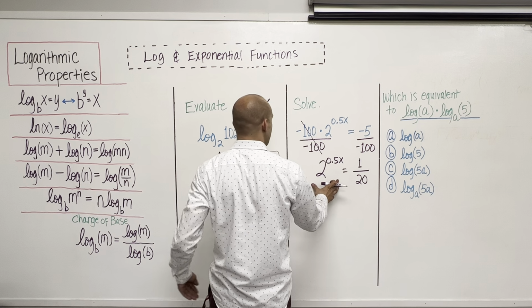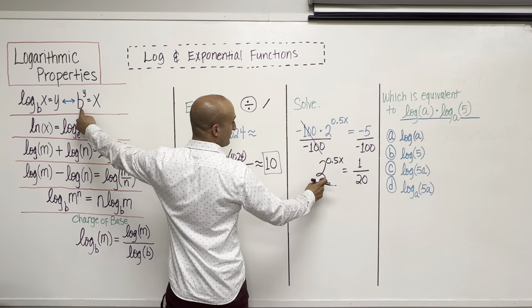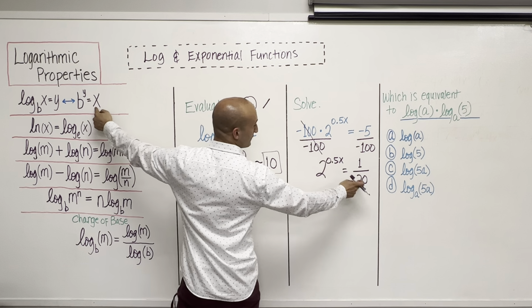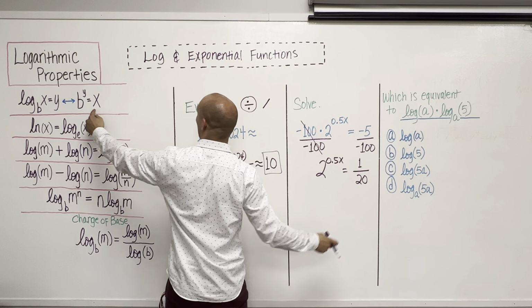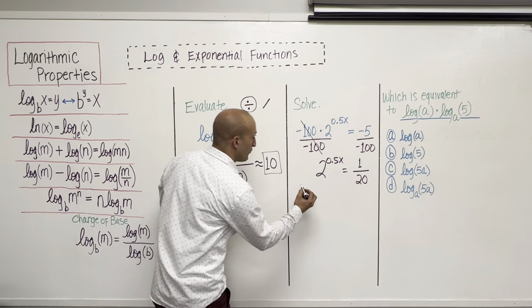Okay, now I got it looking like this. My base is alone, raised to some power, it's equal to x. Okay, so now I want to go this way to the logarithm form.